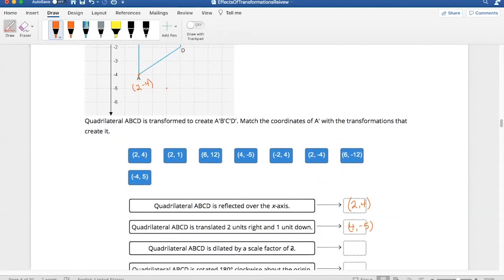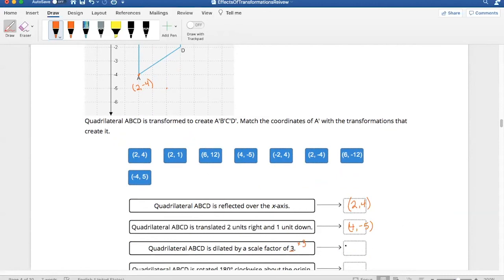Scale factor of 3. Scale factor means we're going to be either increasing the size or decreasing. It depends if you're multiplying by a whole number or a fraction. In this case, it's a whole number. It's going to get bigger by 3 times the size. So we have to multiply our x and y value both by 3.